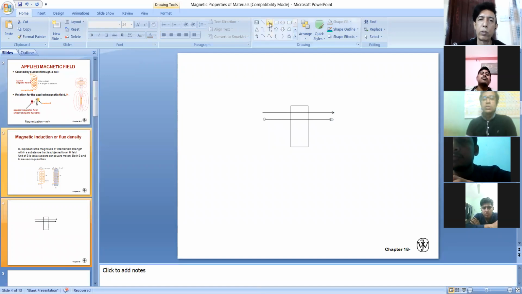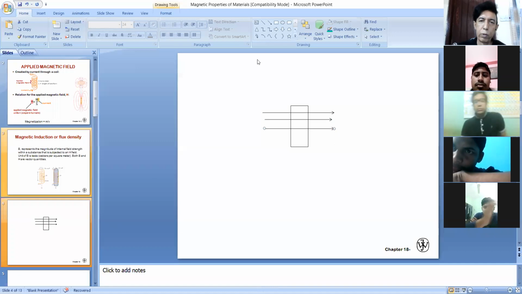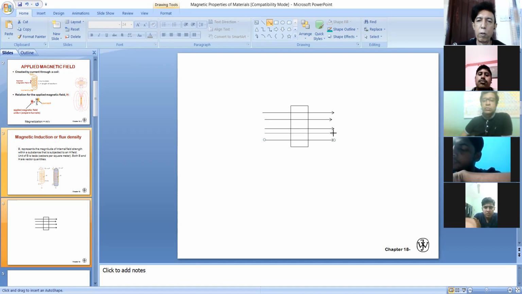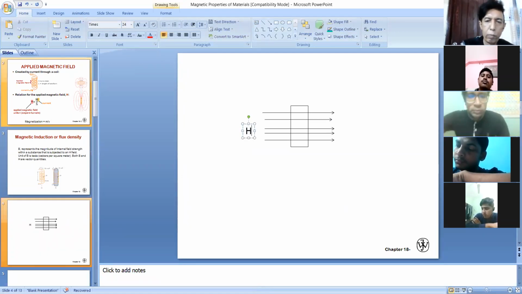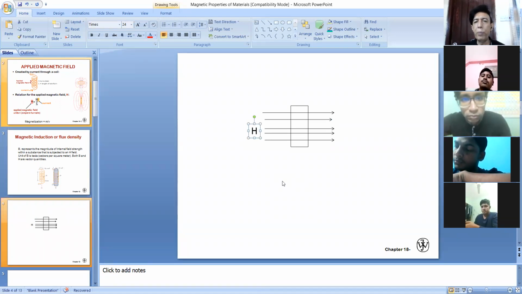These are the lines of forces with field strength H. Now, what will be the B?